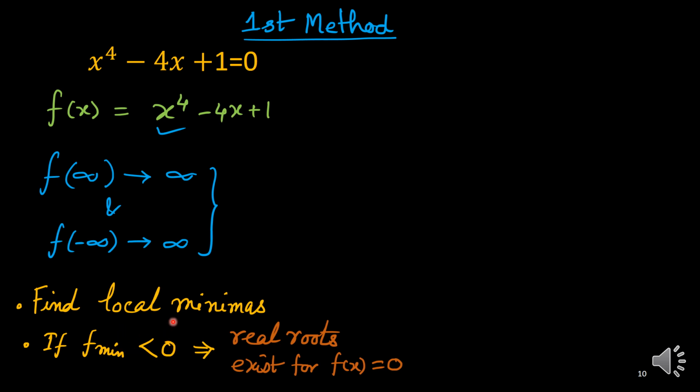Thus we will get real solutions. This is the idea. Now if f minimum is more than 0, then obviously it will not cross the axis. If the minimum value is above the axis, it will not cross this line and you won't get any real solutions.